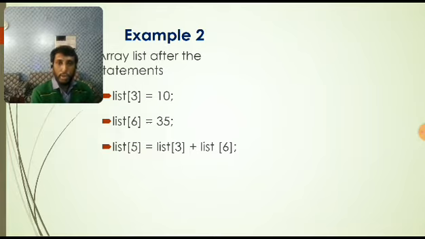Index number 3, counting 0, 1, 2, then 3, is going to accept 10. And list[6] means index number 6 is going to accept 35, and list[5] is list[3] plus list[6]. So let's look through this graph at how it is calculated.